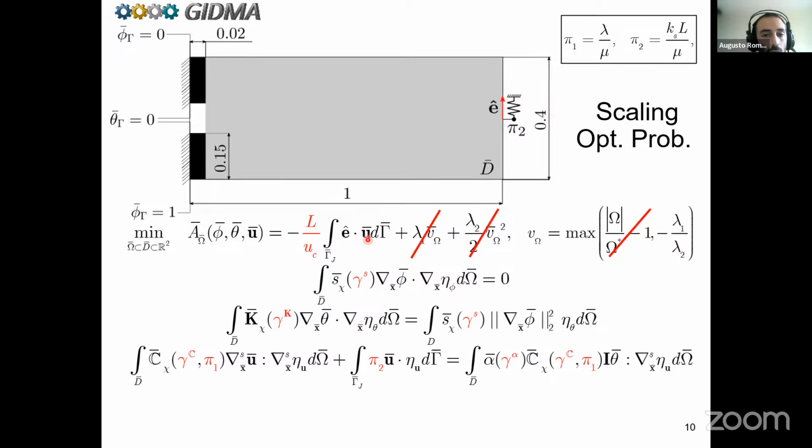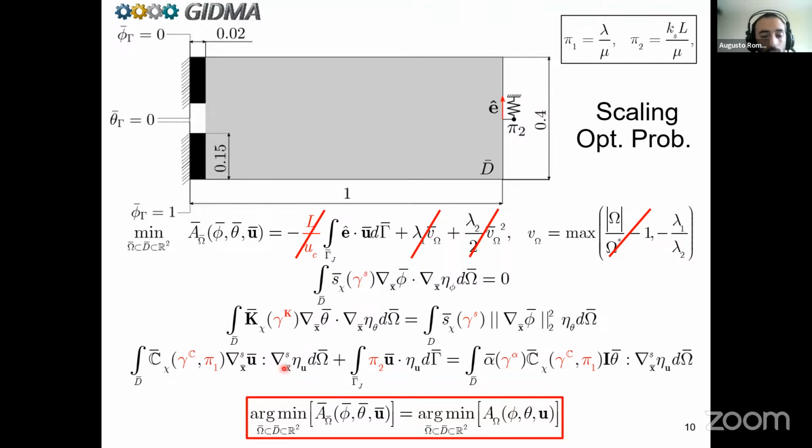And since the multiplication of a function by a positive scalar doesn't affect the minimizer of the function, then this term will get canceled out. So in other words, what we can state is that the minimizer of the scaled augmented Lagrangian and the not scaled Lagrangian are the same.